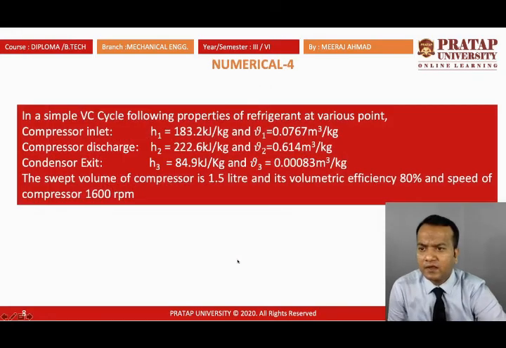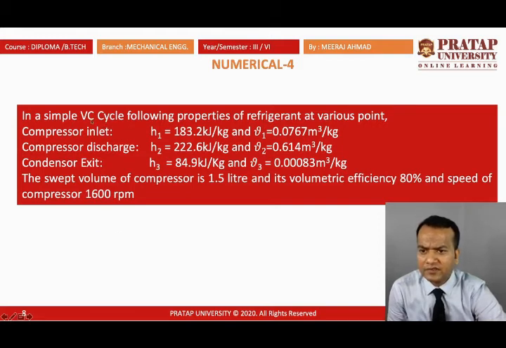Then after that you find the RC. In a simple VC cycle, the following properties of refrigerant at various points are given. The cycle is a simple VC cycle, in which the refrigerant condition at the inlet to the compressor is given: it should be saturated vapor, so the outlet of the compressor should be superheated.